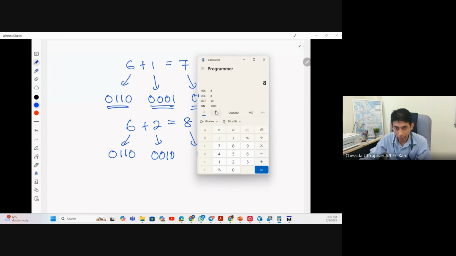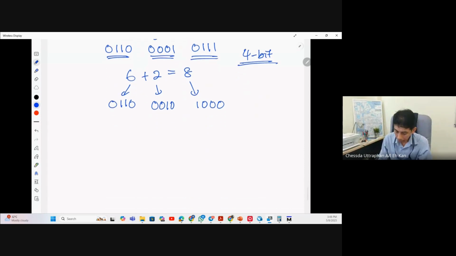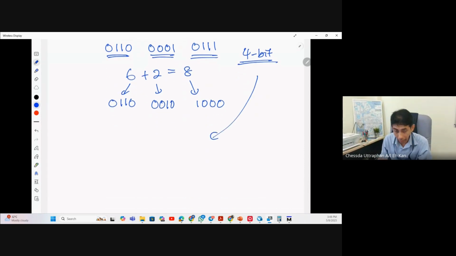When we change to binary, it looks like nothing is wrong for now. But remember, our system is 4-bit. In this example, 4-bit. If it is 4-bit, when we represent the number in binary we have 4 bits, right?